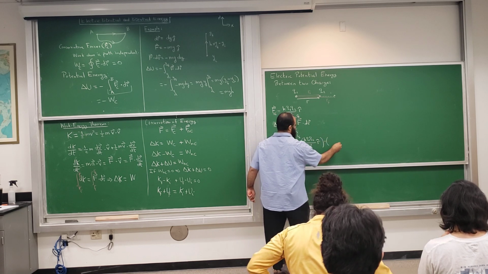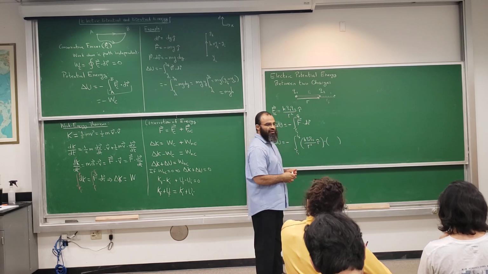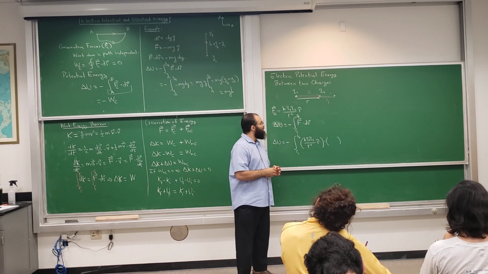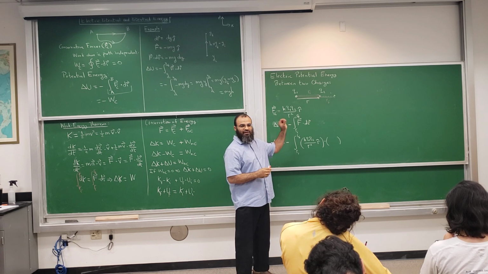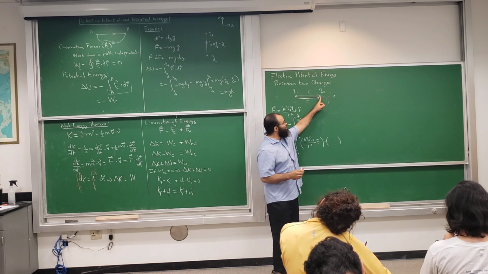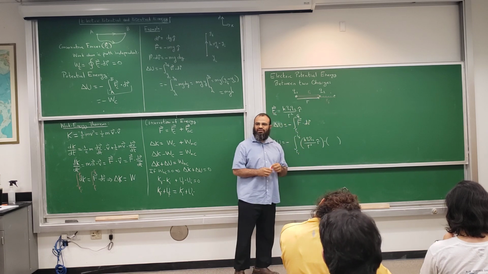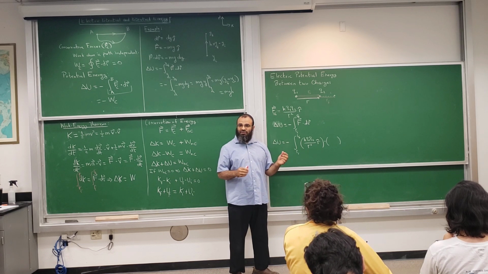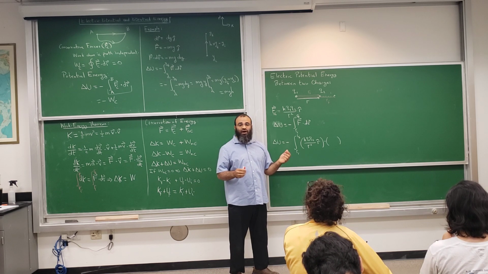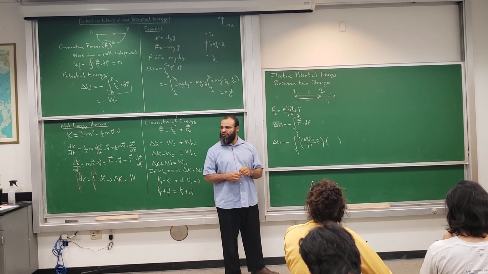Dot product with dr. What's dr? It's a small change in this direction. How do I say a small change in that direction? dx, could be in the x direction, or dr, r hat. Small change in the r direction.